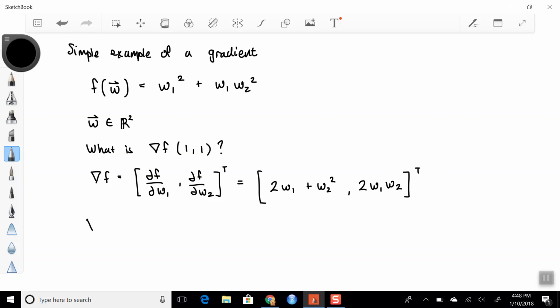And so the gradient at the point (1, 1) is basically this evaluated at the point (1, 1). And so I get (3, 2) transpose.